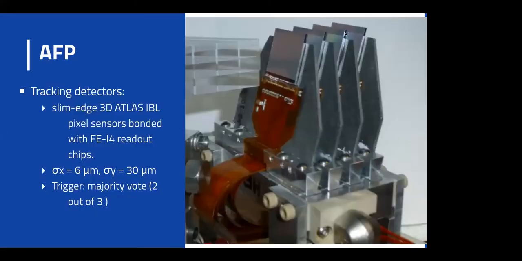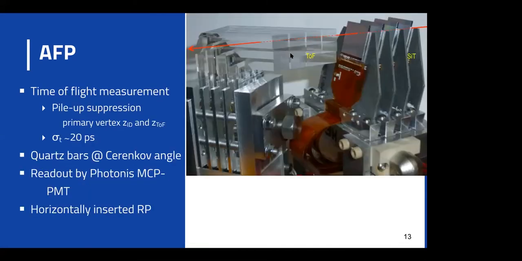Here you can see the tracking detectors. They are made of slim edge 3D ATLAS IBL pixel sensors with a resolution of 6 micrometers in X and 30 micrometers in Y. They can also provide triggering with a majority vote, 2 out of 3, for instance.